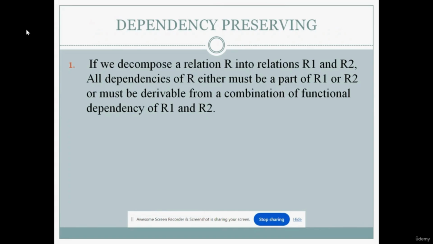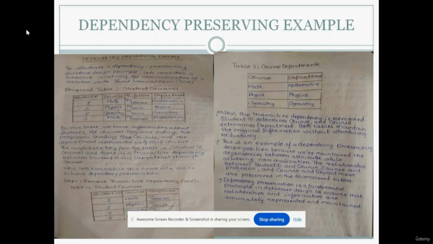Now coming to the third one, that is dependency preserving. If we decompose a relation R into relations R1 and R2, all dependencies of R must either be a part of R1 or R2, or must be derivable from a combination of the functional dependencies of R1 and R2. This is the example of dependency preserving.